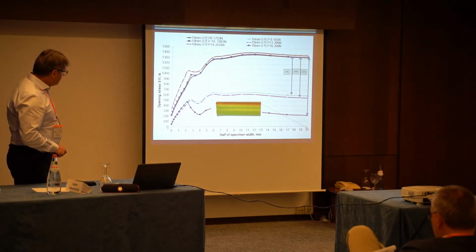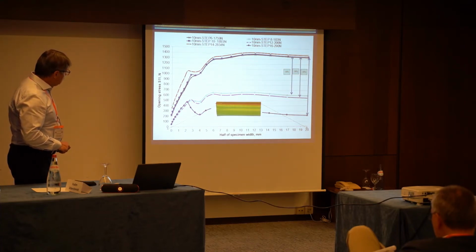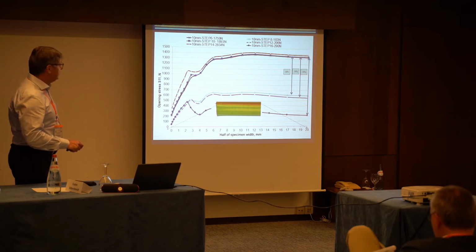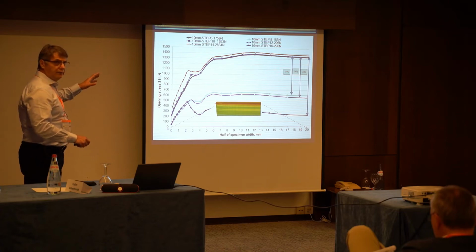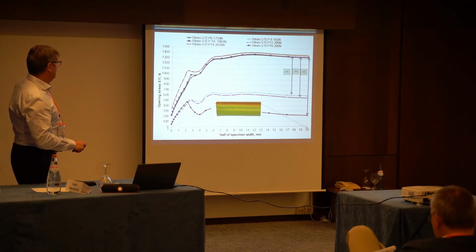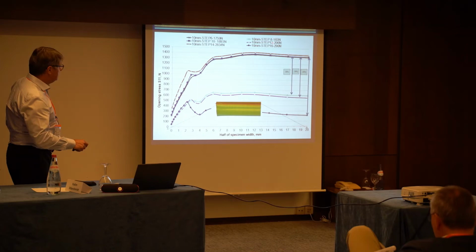You can see that this stress is on the edge, and this is in the middle, and on the edge you have an increase. On this edge it's almost constant, and you get less than 1,400 megapascals for these different steps which I explained.